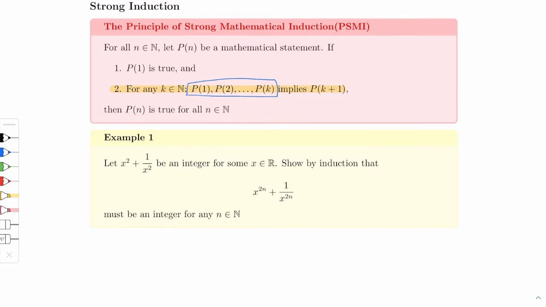Okay, so that's the difference between induction and strong induction. Many of you will ask me, when do I use normal induction and when do I use strong induction? The key is that for any induction question, you can also prove it by strong induction, but not the other way around. A lot of the time we use induction because it's simpler, but sometimes you need strong induction to prove a certain question.